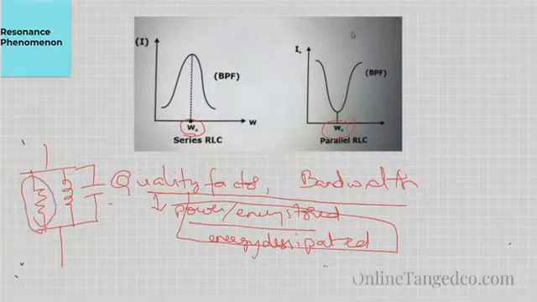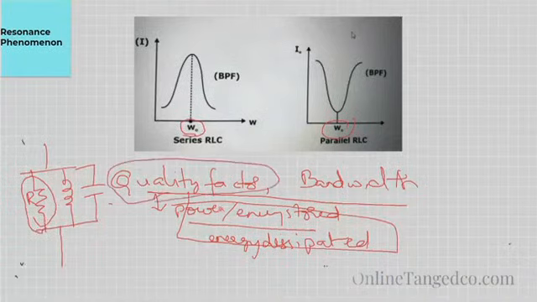So that's the quality of the resonance circuit. If the power dissipation in the resistor is higher, then your quality is low. That's the purpose of quality factor. So that's why the formula is energy stored divided by the energy dissipated in your resistance.